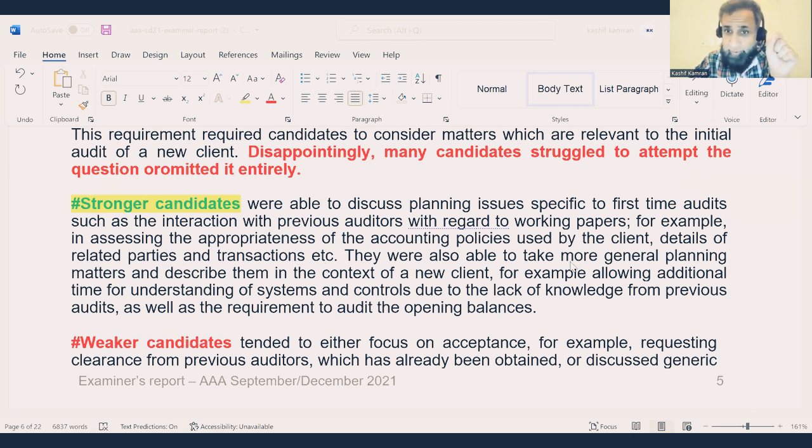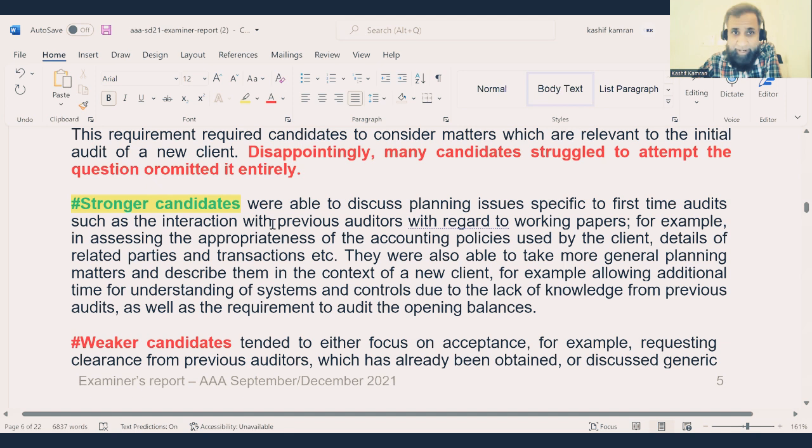They were also able to take more general planning matters and describe them in the context of a new client. For example, additional time for understanding the system and controls because it's a first year audit due to lack of knowledge from the previous audit, as well as the requirement to audit the opening balances. See, the examiner is saying the stronger candidates were able to do this.